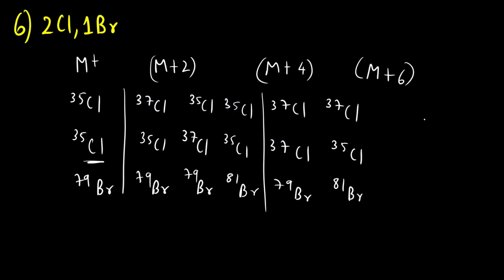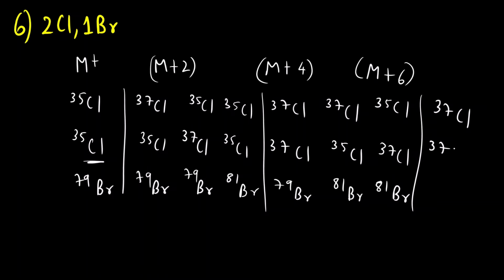Now I keep the top one the same, 35 Cl, and increase the remaining 2 by 2 units, 37 Cl and 81 Br. And last is M plus 6, which means increasing the mass of all 3 atoms by 2 units. So 37 Cl, 37 Cl, and the third one is 81 Br. Now what will be the ratio of this?